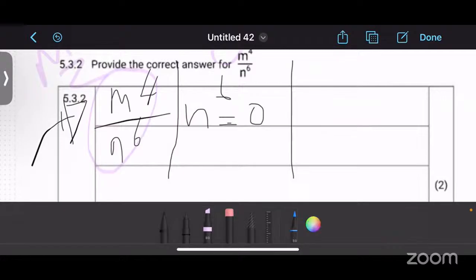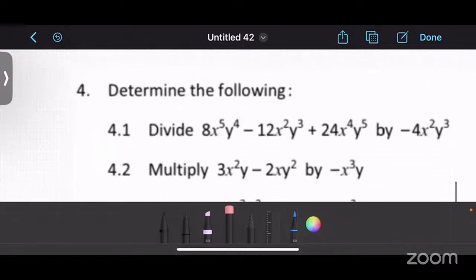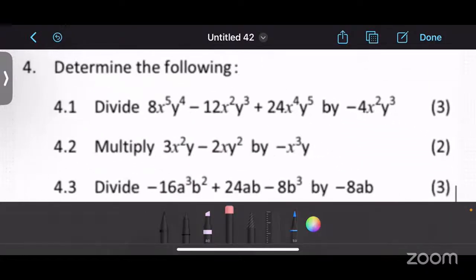So the answer is m to the power of 4 over n to the power of 6.